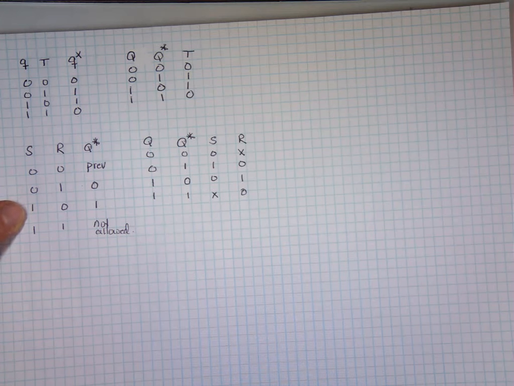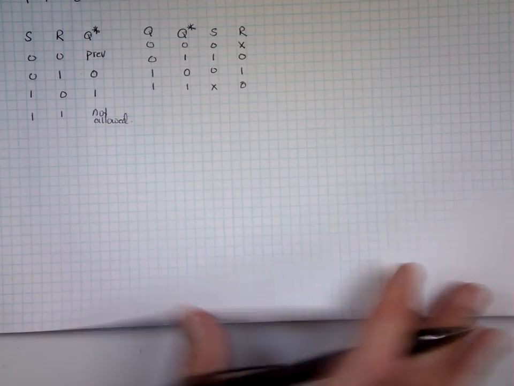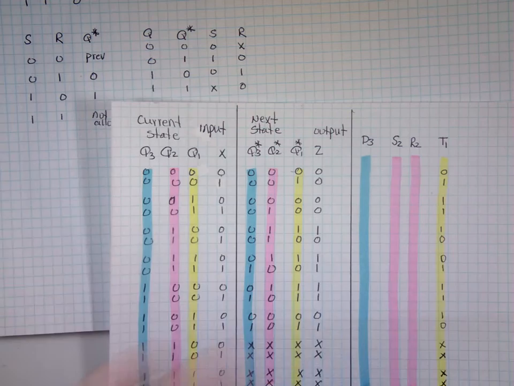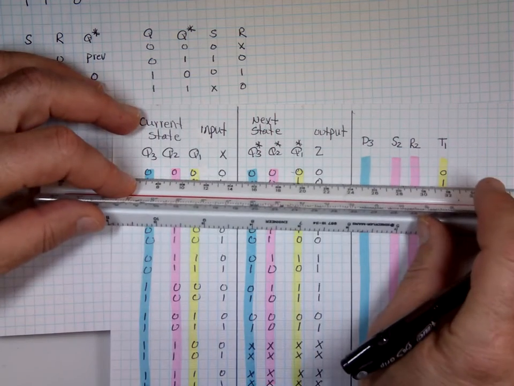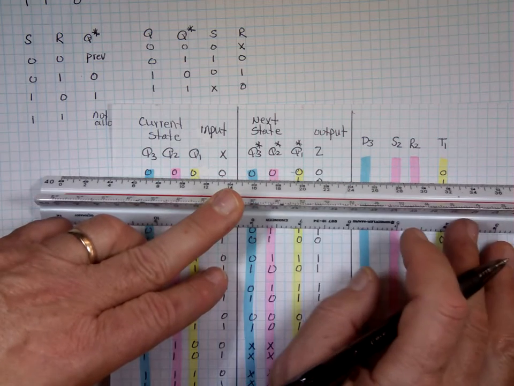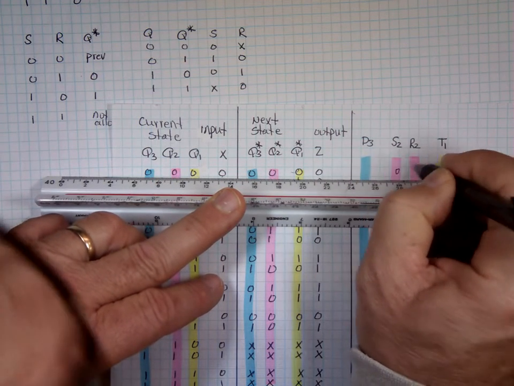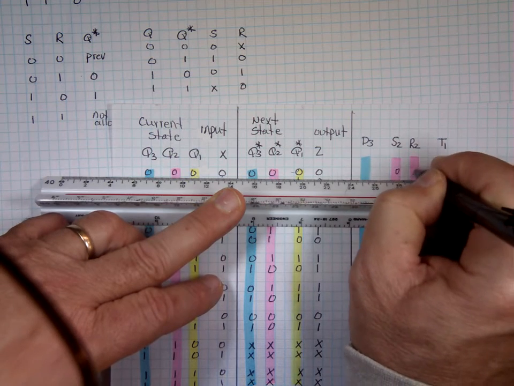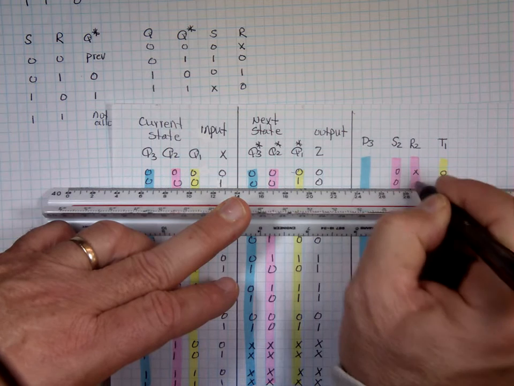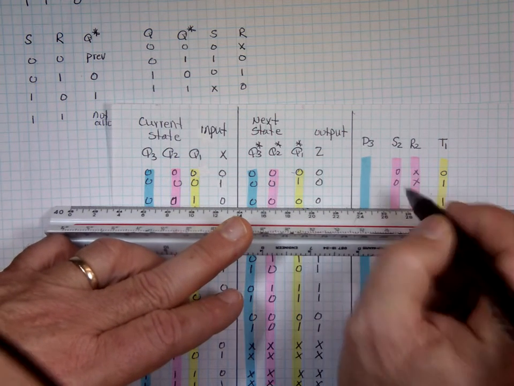So let's come back here and see if we can do the SR. The first one, 0 to 0, 0 and don't care. 0 to 0, 0, don't care. 0 to 0, 0, don't care.